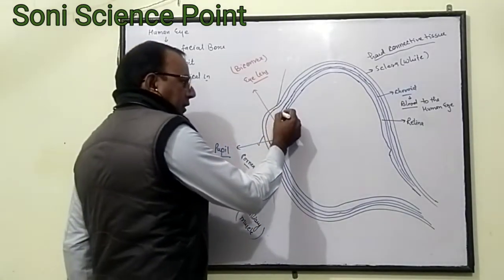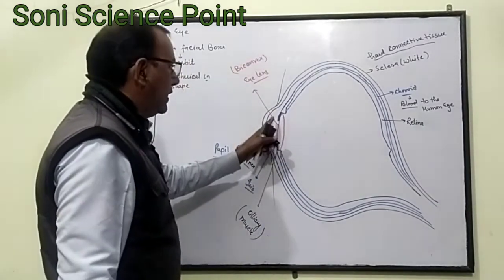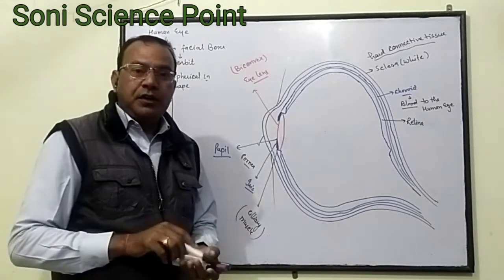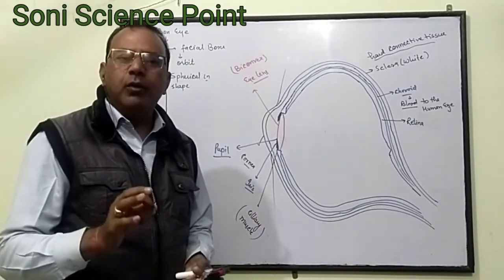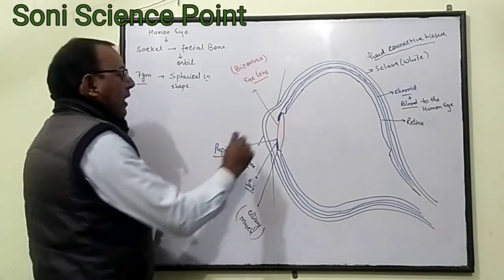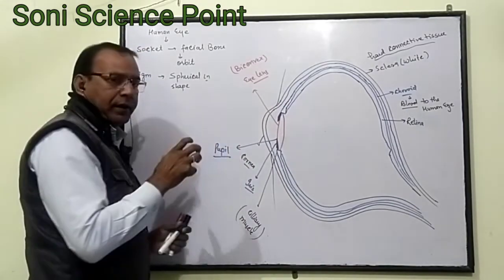This layer becomes opaque just in front of the eye lens, and that is called iris. The iris represents the human eye color, which may be black, brown, green or blue, and the rest portion which remains is called pupil.